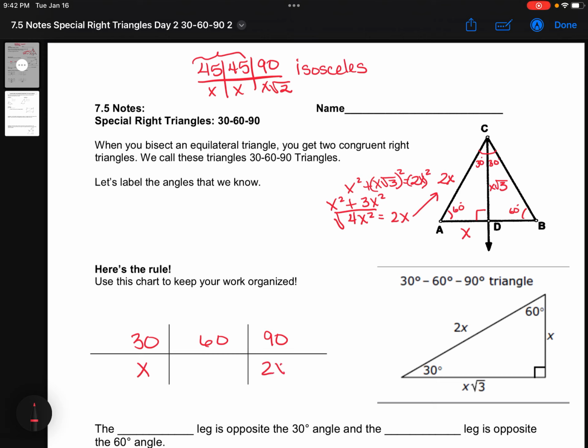So this time, the square root value is going to be with the 60. So remember, short leg, hypotenuse, and the longer leg.